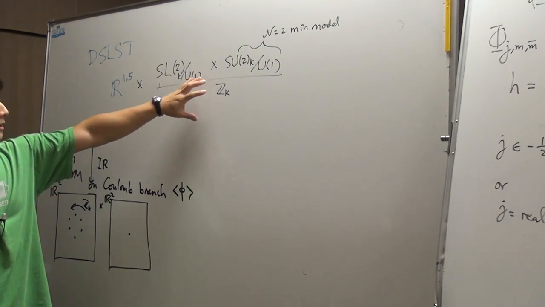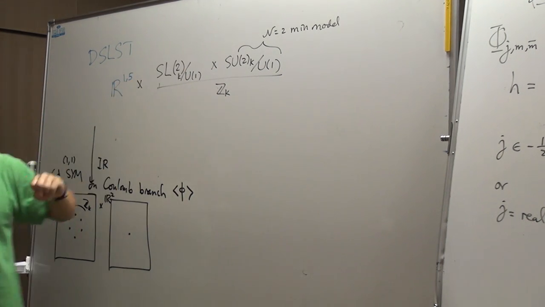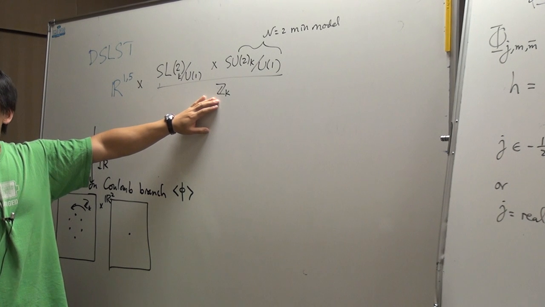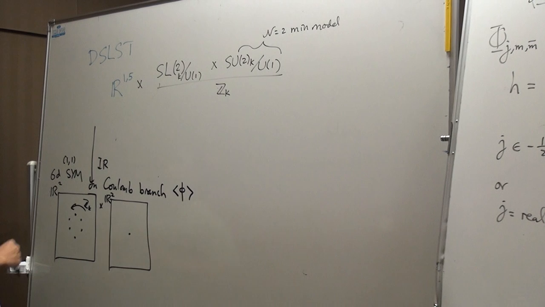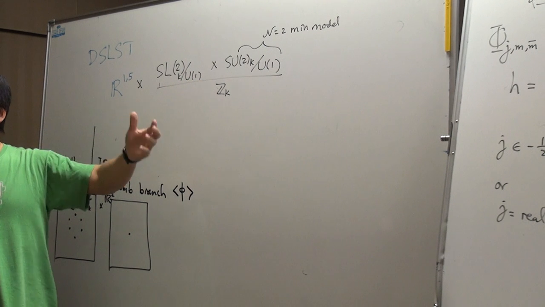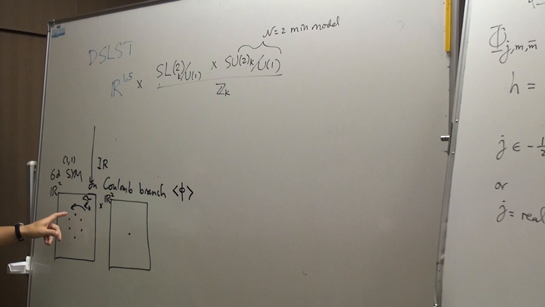So before this orbifolding, you have each of these theories with some discrete Z_k symmetry. Now when you do the orbifold by the Z_k, that symmetry is gone, but then you're left with another Z_k, perhaps I should call this Z_k tilde. Whenever you do a Z_k orbifold, the original Z_k is gone, but you have a new Z_k symmetry that assigns different phases to different orbifold twisted sectors. That's the Z_k tilde here.